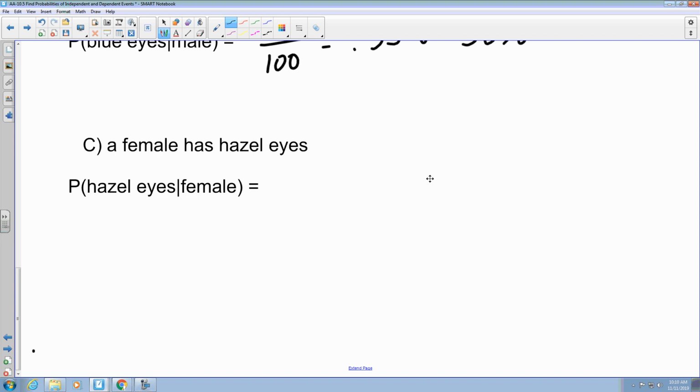Here we have C, talking about hazel, female hazel eyes. So there were 41 females with hazel eyes, and there were 100 total females. So that's 0.41 or 41%.